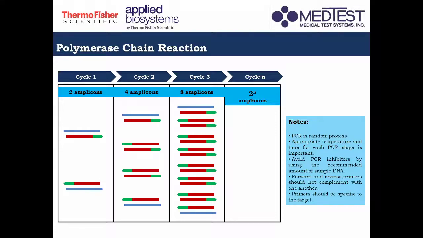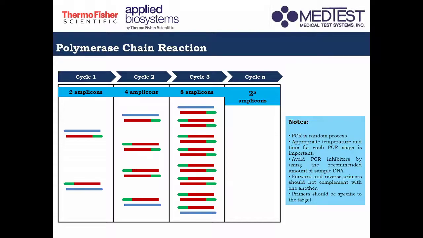If we have a different protocol, and then kunyari yung temperatures na ginamit natin for the PCR step is not the recommended, the possibility is that hindi po ideal or hindi ma-amplify yung DNA po natin. Ganun.